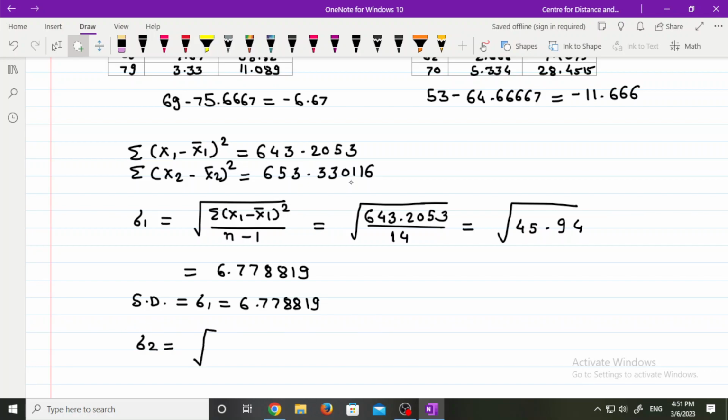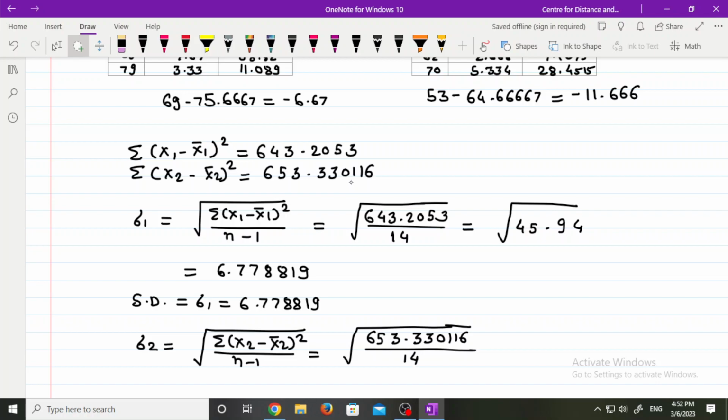Similarly, we find sigma 2. Sigma 2 is equal to the square root of summation x2 minus x2 bar squared divided by n minus 1, that is 653.330116 divided by 14.